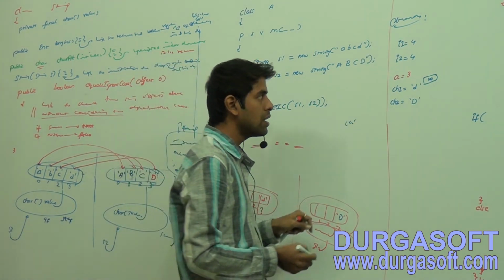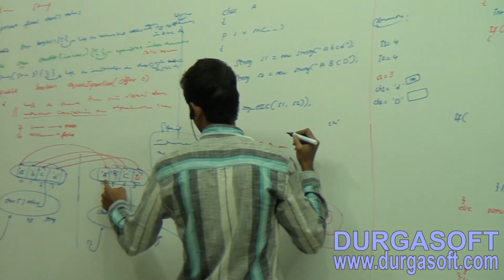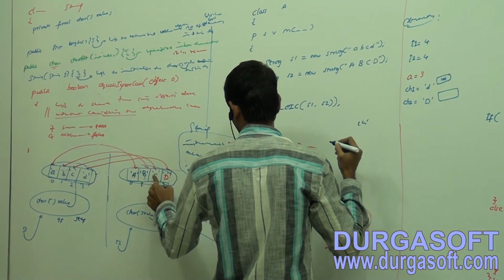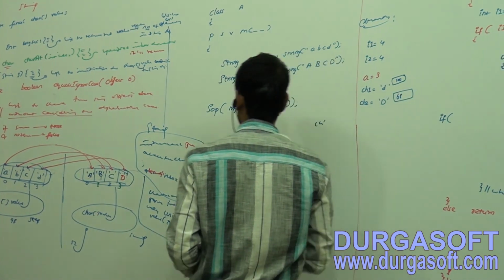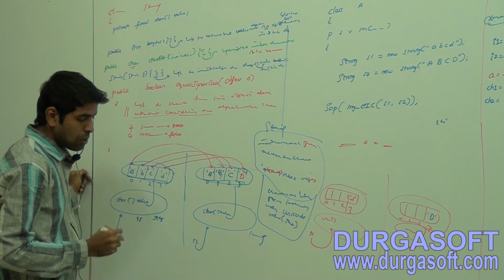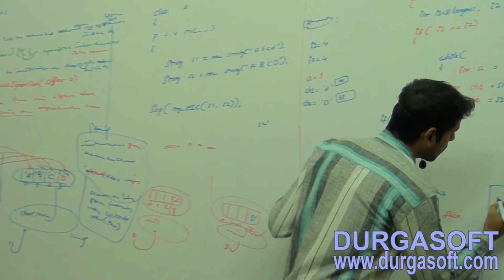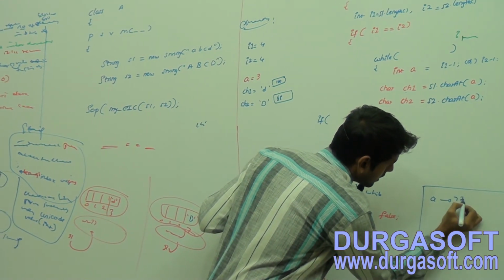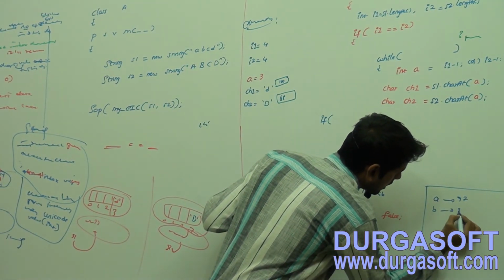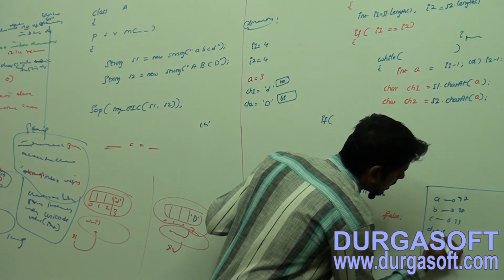And for capital D, it will take 68. Observe here, the Unicode value for small a is 97, for small b it is 98, small c 99, small d 100.